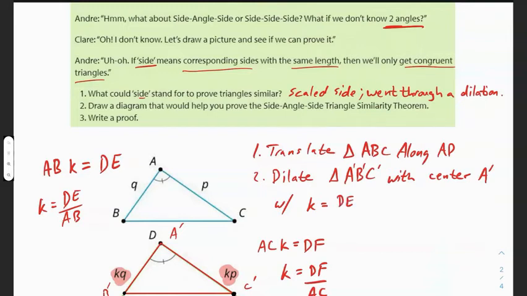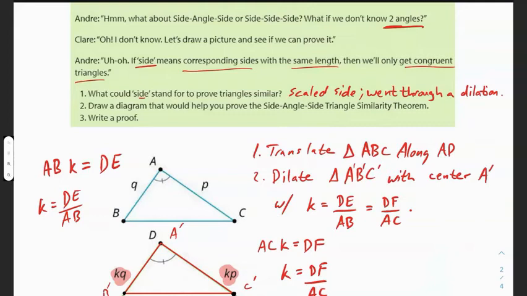Whatever scale factor you get by taking DE divided by AB, it's got to be the same as when you take DF and divide it by AC. If those two scale factors are the same, then we know for a fact that this is going to work.